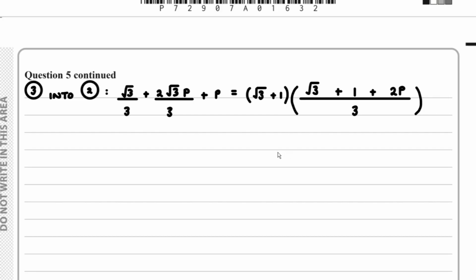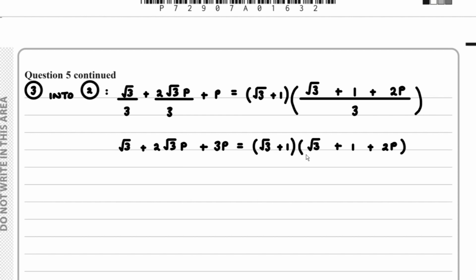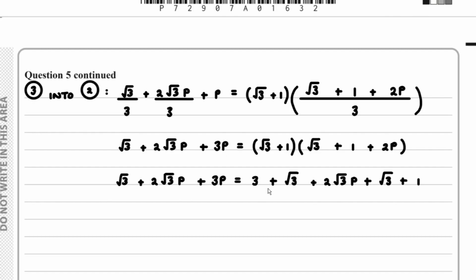Now, let's multiply through by 3. So I've got √3 plus 2√3p plus 3p equals √3 plus 1 times by √3 plus 1 plus 2p. If I simplify the right hand side, I've got 3 plus √3 plus 2√3p plus √3 plus 1 plus 2p. Simplifying even further, I've got √3 plus 3p equals 4 plus 2√3 plus 2p, which means p is equal to 4 plus √3.